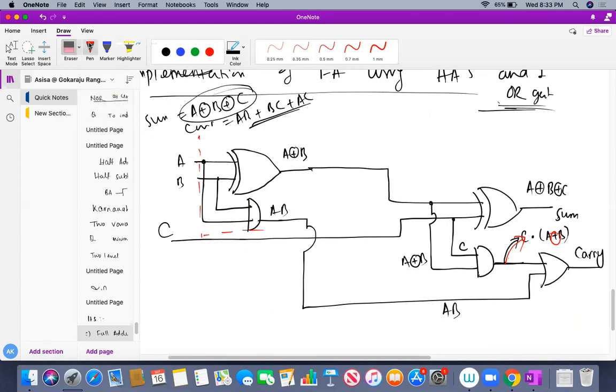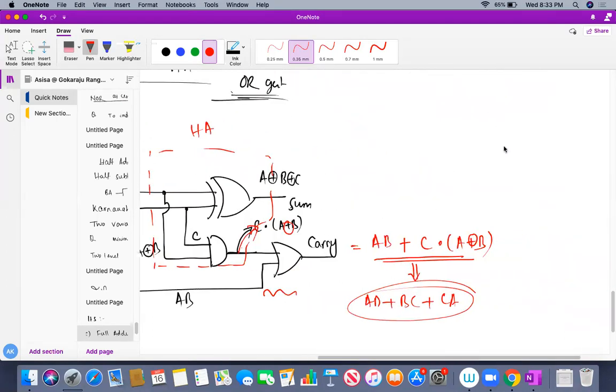This circuit from here to here, I can say is one of my half adders. And this circuit here is another half adder, and one extra gate is required for the carry. Till now I have not proved this, students.